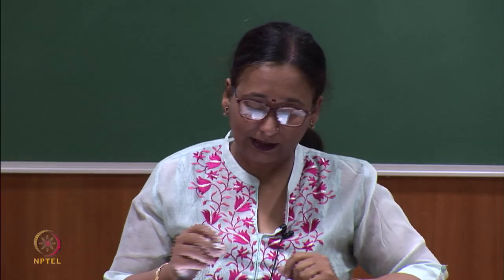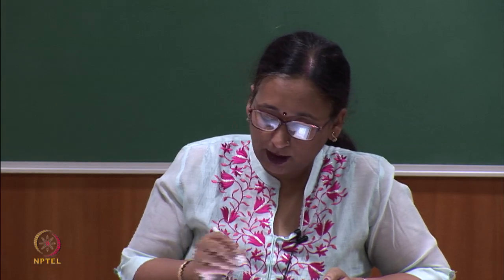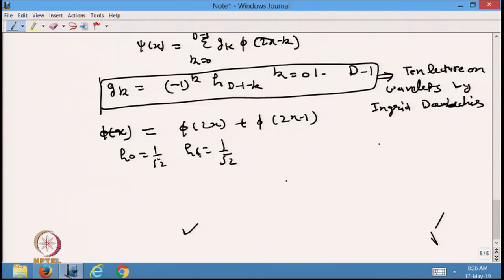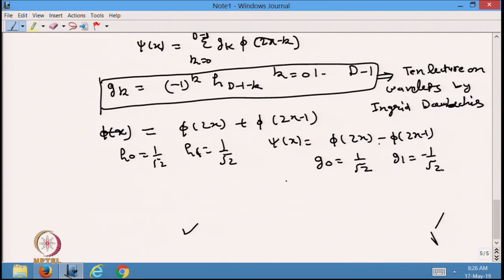Okay. So, for that reason, when I was defining phi x as a box function, I stated these results, if you remember from the last lecture. Basically H0 was 1 by root 2, H1 was also 1 by root 2, and when I was writing psi x with this relation, G0 is 1 by root 2 and G1 is minus 1 by root 2.